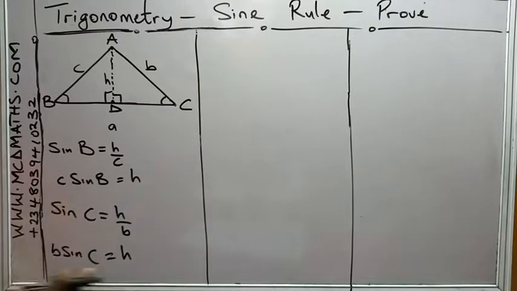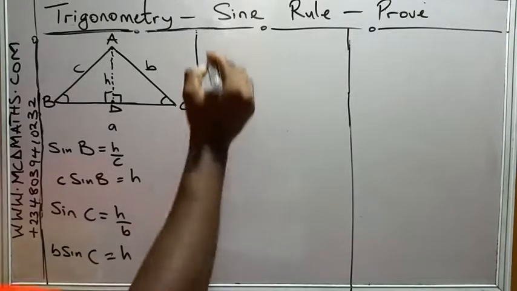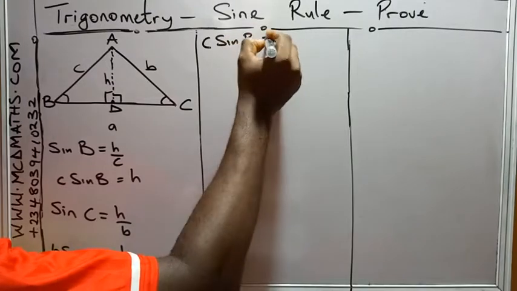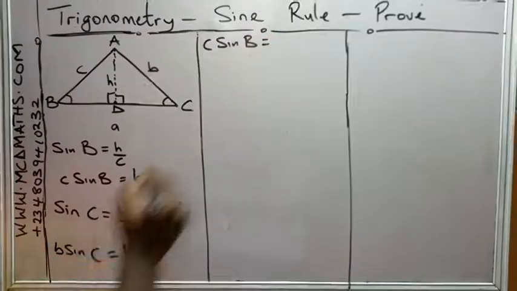If H is this and H is this, it simply means that this can be equated to this. So C sine B is the same thing as B sine C.